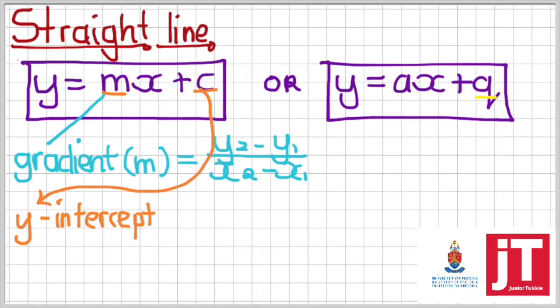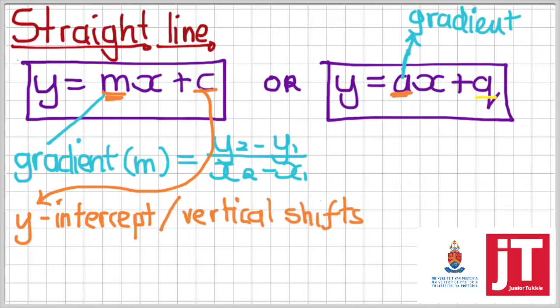But let's move straight to the other side, where our a is the same as the m. That's your gradient. Your q value represents vertical shifts, which is the same effect as that c, vertical shifts by q units or c units in the direction of its sign.